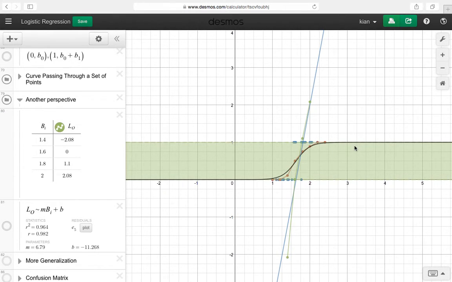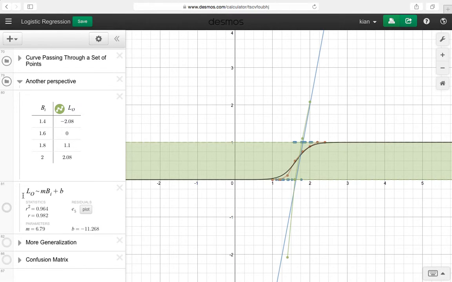Because instead of answering a very difficult question of coming up with beta 1s and beta 0s to build this complicated probability formula to fit some probability points in space, we can transform it into a much easier question. We have some points representing the log of odds instead of probabilities, and we're just looking for the best line that fits these different points in space.